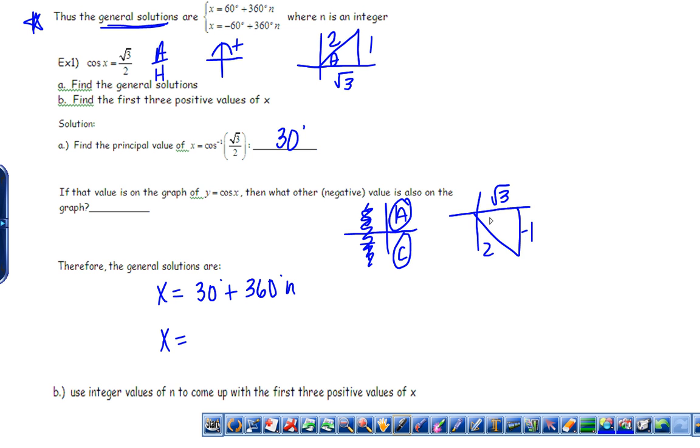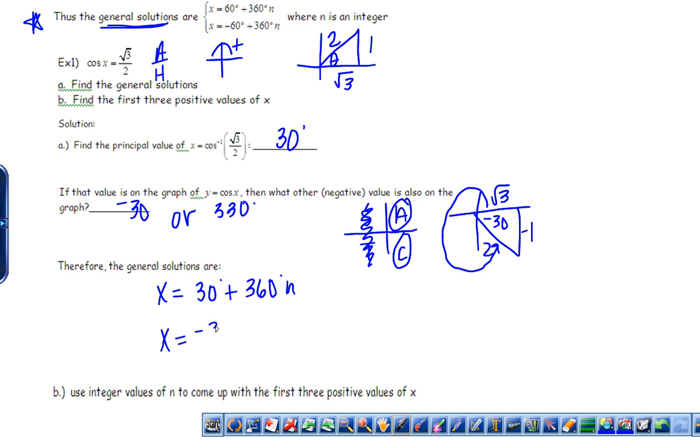So across from that would be a negative 30. So you know the angle is going to be down here, so you could say that this is going to be a negative 30 degrees, or if you wanted to, you could plot it and go all the way around here, and that could be 330 degrees. So I would take either one of those angles.